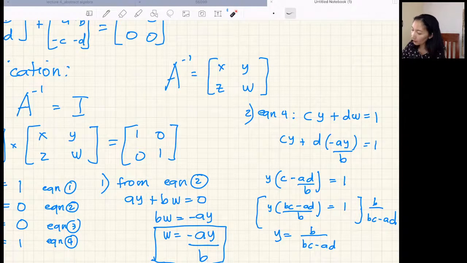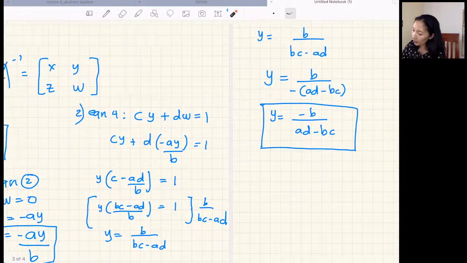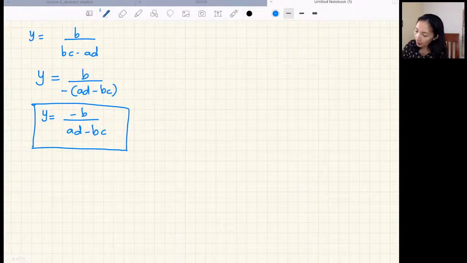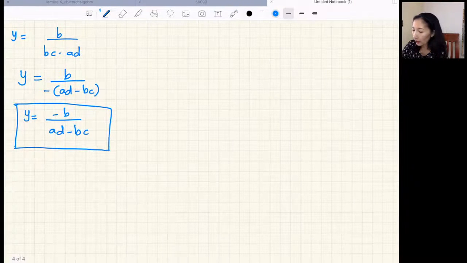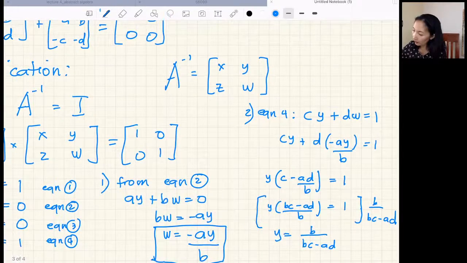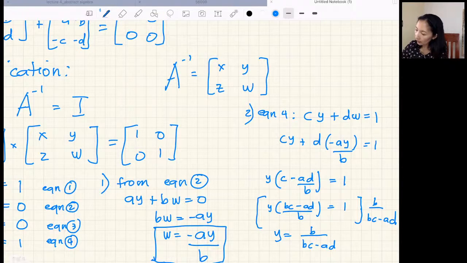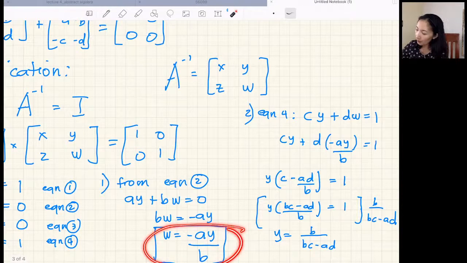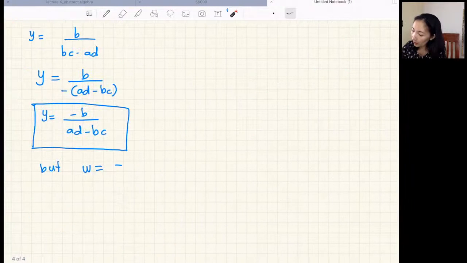So W, as we found out from the previous, is equal to negative AY over B. We found out that W is equal to negative AY over B.